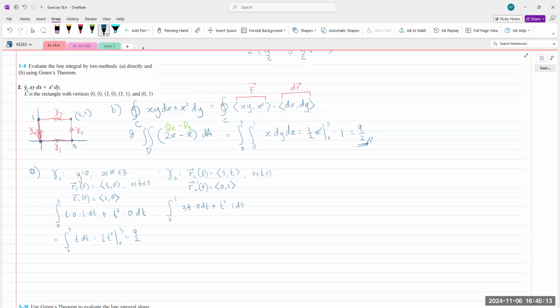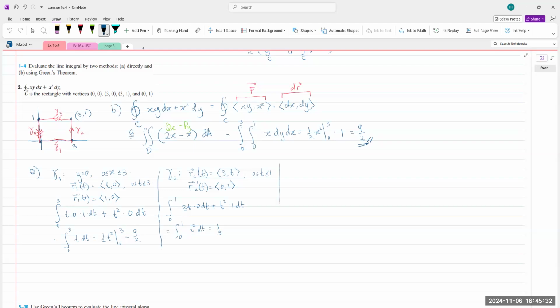That is the integral from 0 to 1 of t squared dt, which is 1/3.